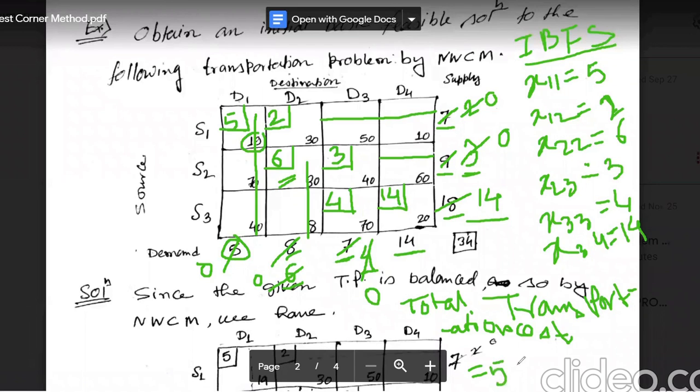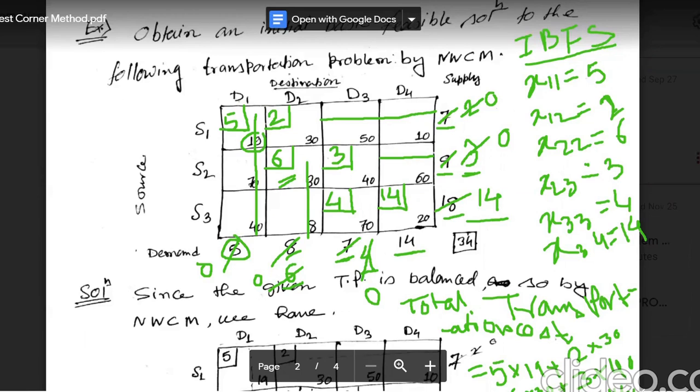So that is 5 into 19, plus next 2 into 30, plus next 6 into 30, plus 3 into 40, plus 4 into 70, plus 14 into 20.